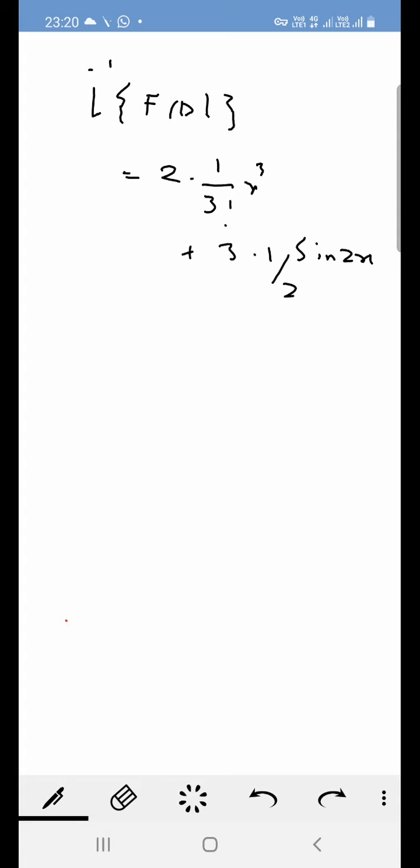So this is what we are looking for, and this is equal to f(x), which we intended to find.